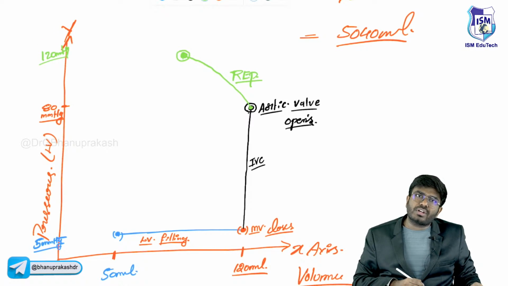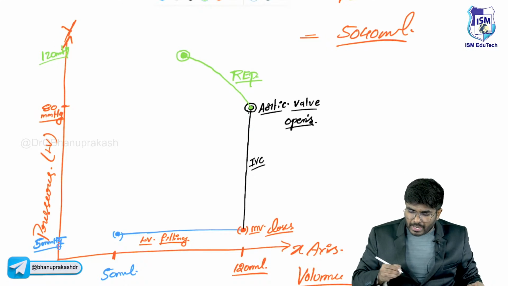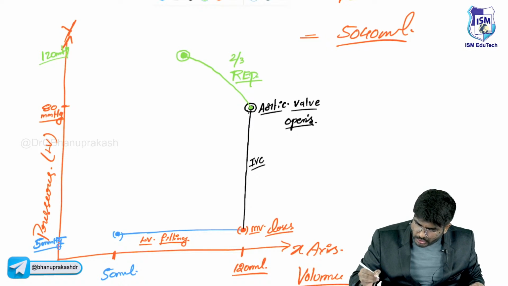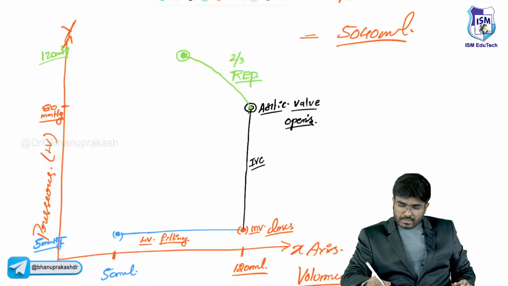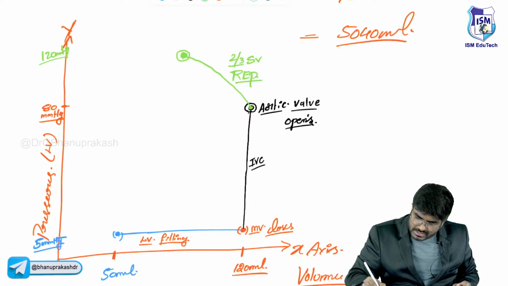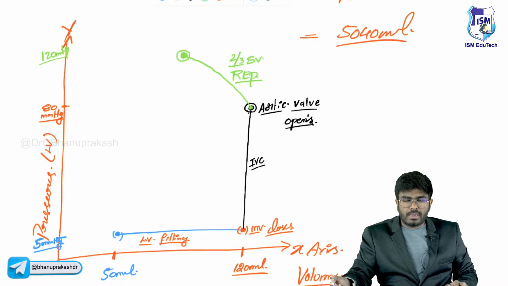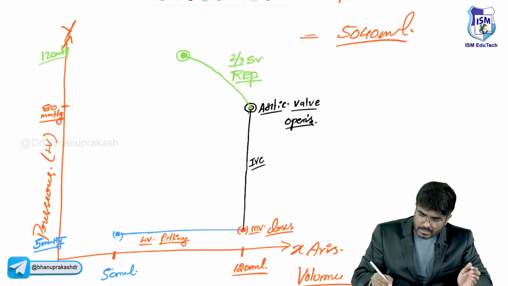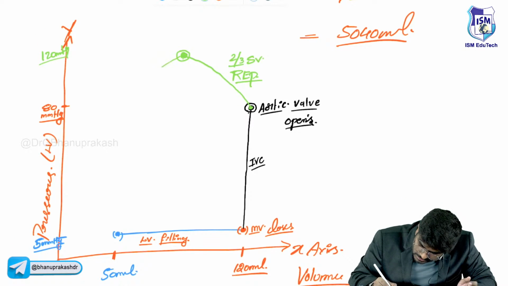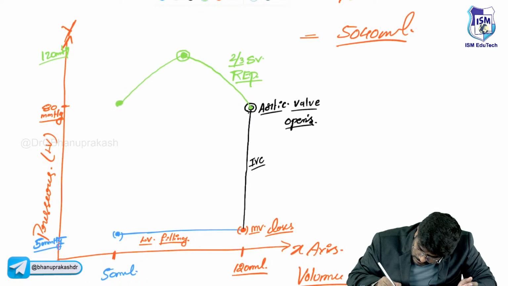After the rapid ejection phase, what is the next phase? In rapid ejection, 2/3 of the stroke volume is ejected. Let me write here, 2/3 of the stroke volume is ejected. Next, from here the pressure will again come down to 80.